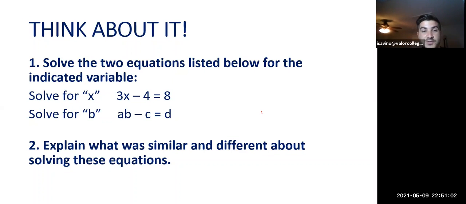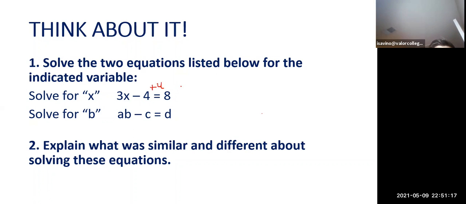So as you know, with solving for x, you're going to want to do as we've always done, right? Which is, of course, you're going to first want to add 4 on both sides. So that's the first thing you do. And that'll give us 3x equals 8 plus 4, which is 12.